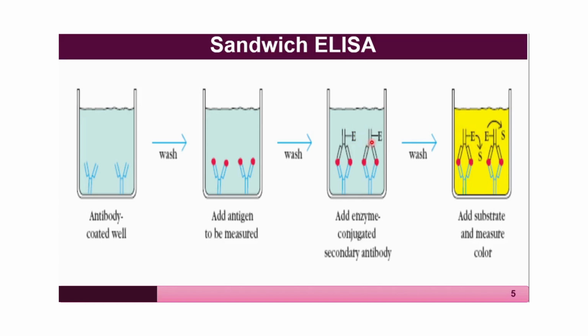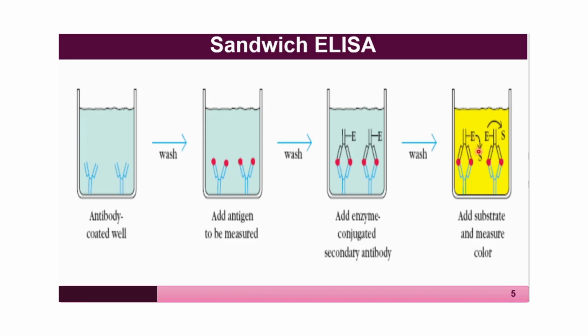If beta-galactosidase labeled antibody is used, X-gal substrate is supposed to be used. If horseradish peroxidase labeled antibody is used, then orthophenylenediamine with hydrogen peroxide is supposed to be used.